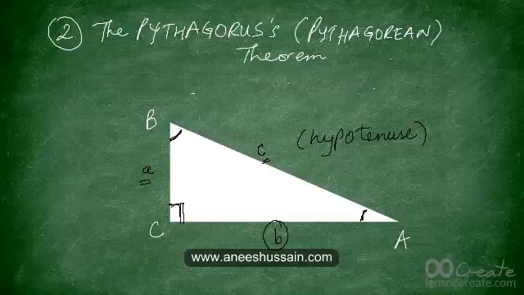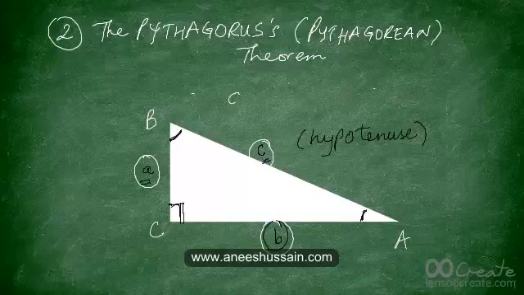The second important concept in trigonometry is the Pythagoras Theorem, also known as the Pythagorean Theorem. Now this theorem is very important. It states that for any right triangle, the sum of the squares of the two legs of the right triangle is equal to the square of the hypotenuse.